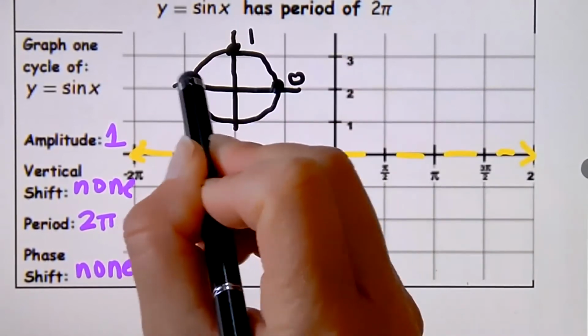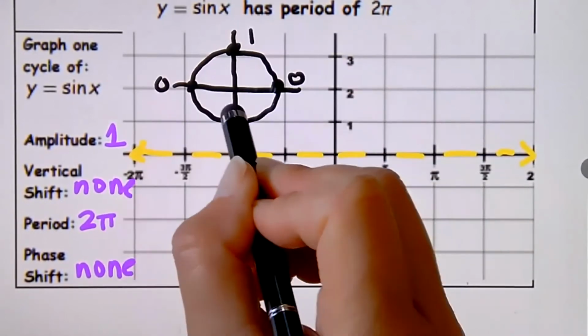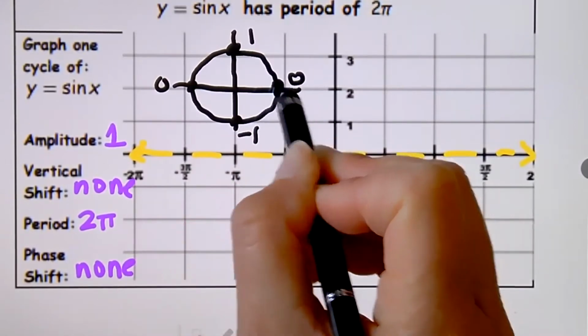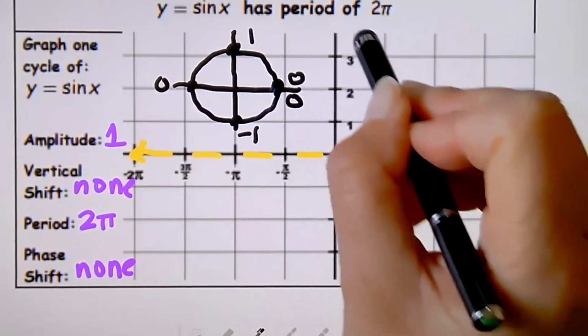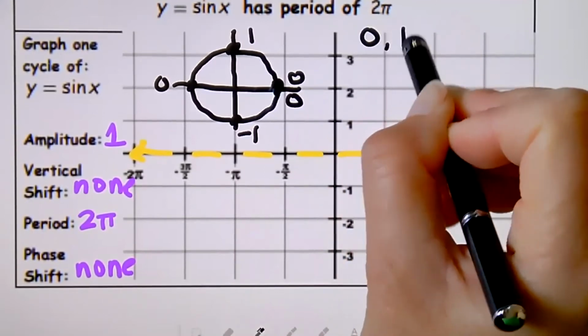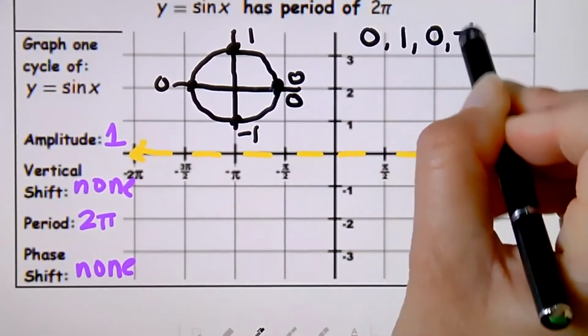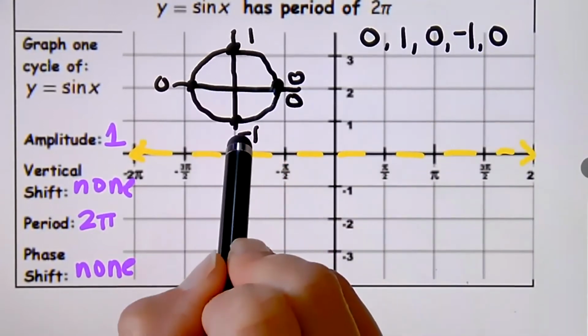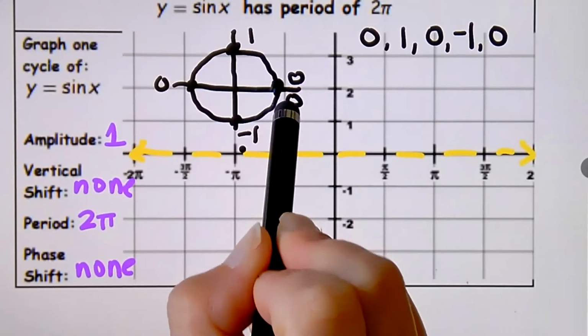Here, I'm at a height of 0. Here, I'm at a height of -1. And then when I get back here, I'm at a height of 0. So again, those are the numbers I'm going to be graphing: 0, 1, 0, -1, 0.